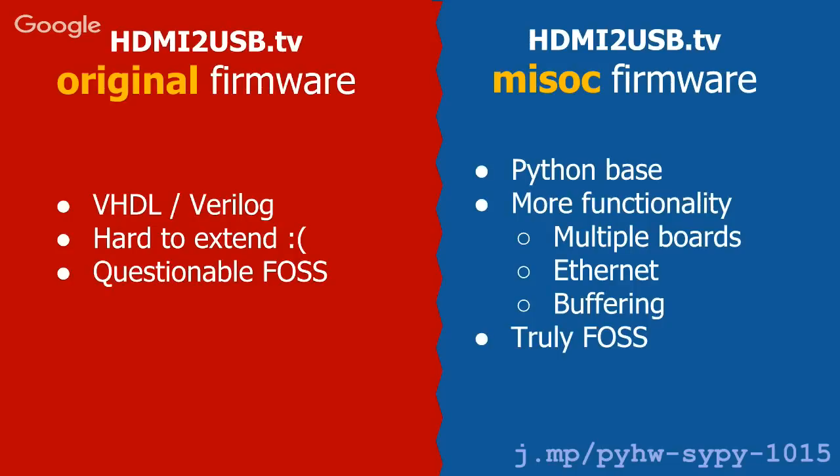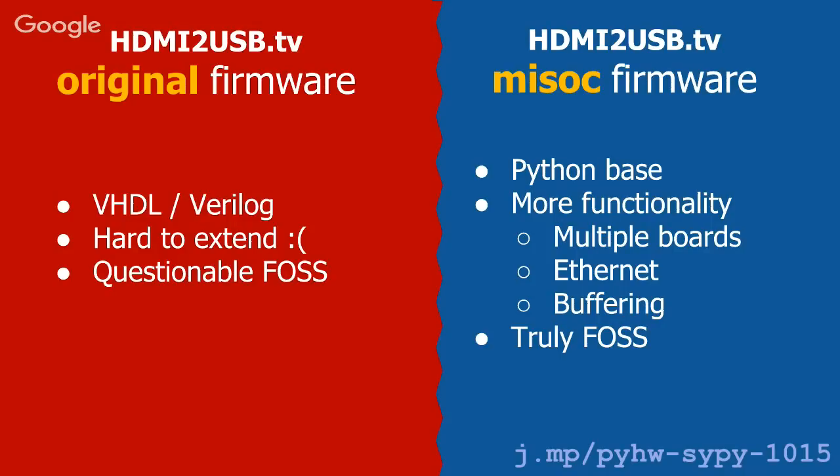It was also interesting that this isn't the only people doing this. So to compare, our old firmware was written in VHDL and Verilog, was hard to understand, and had questionable licensing around it.